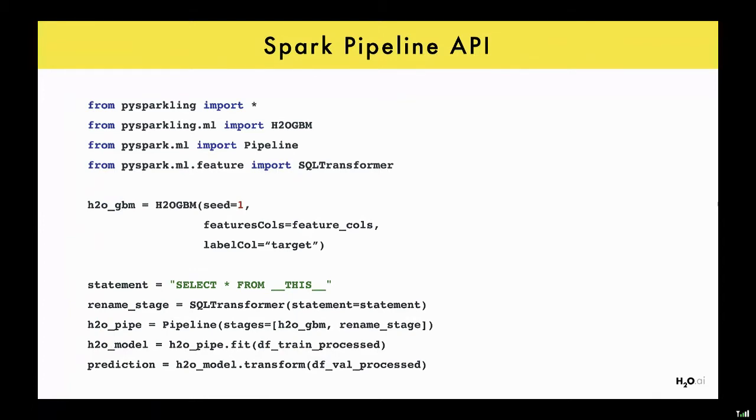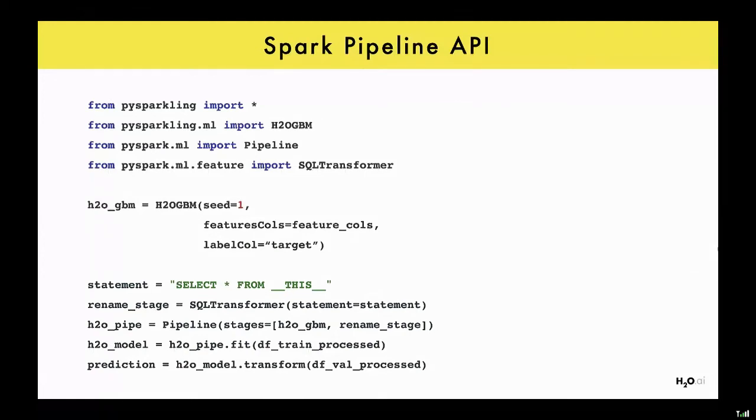We can see that I just need to do a few imports, importing PySparkling and transformers from Spark. On the line with H2OGBM, you can see that I'm defining an H2OGBM estimator, a Spark estimator. I'm giving it seed 1 for reproducibility.